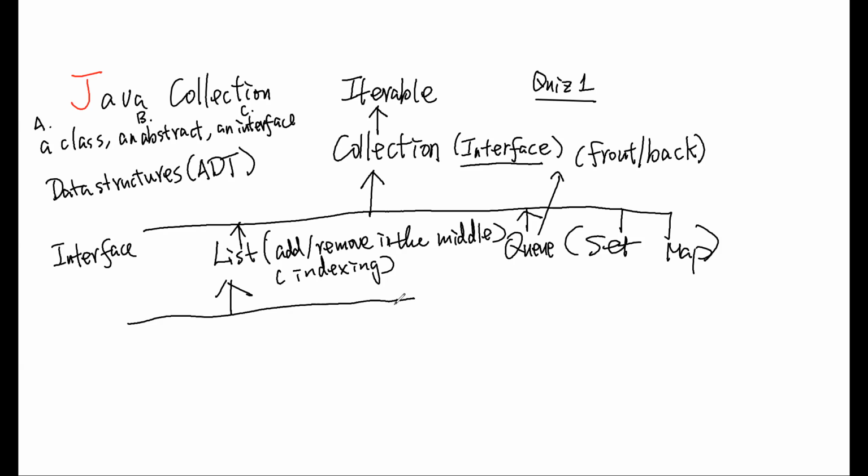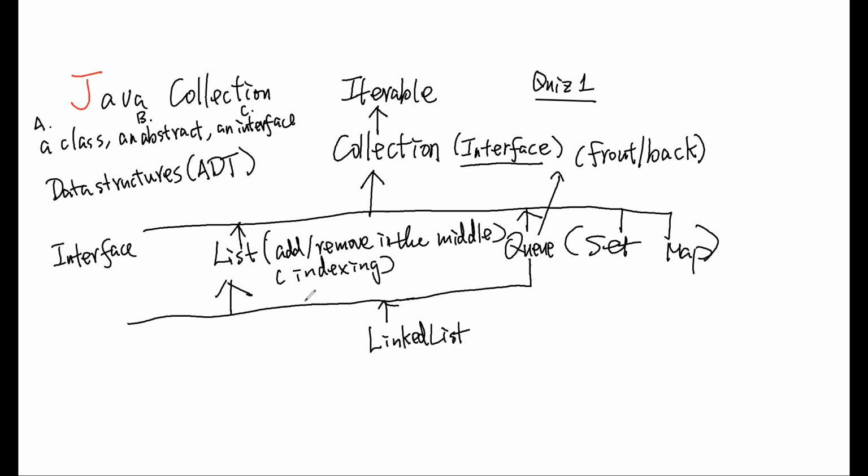And then we learned the linked list. When we wanted to create a queue instance, basically we created a linked list instance. You can see that because linked list implements the queue interface, it does have the queue's features: you can add at the back and remove from the front.